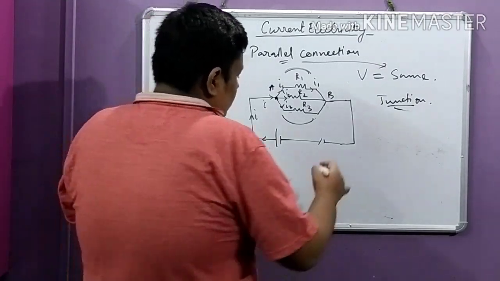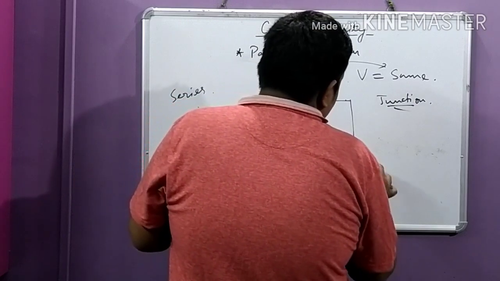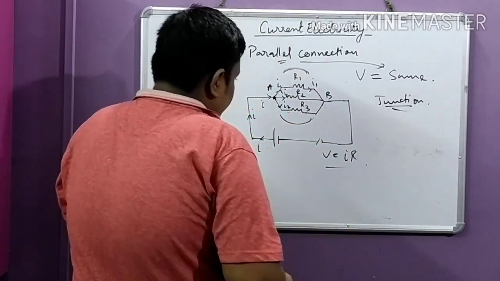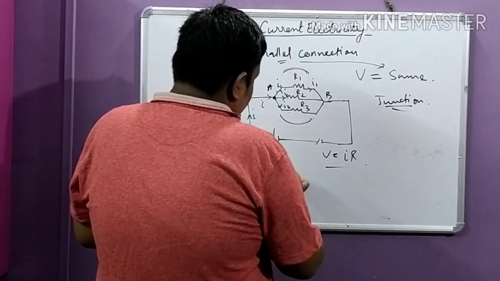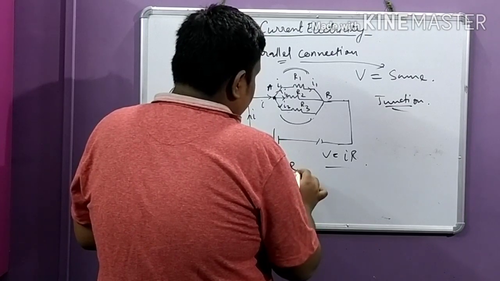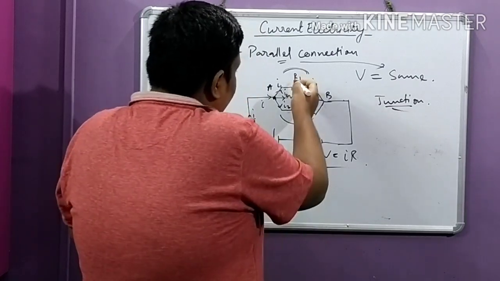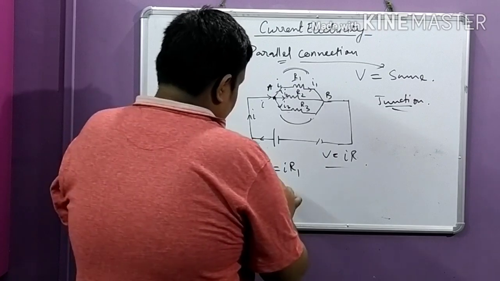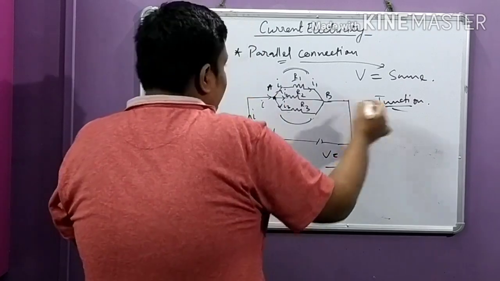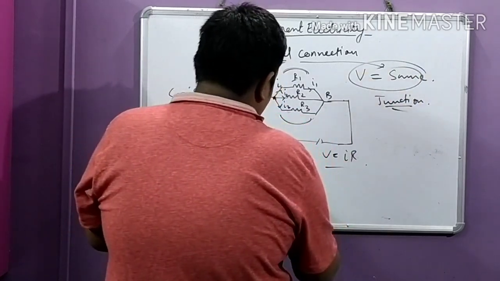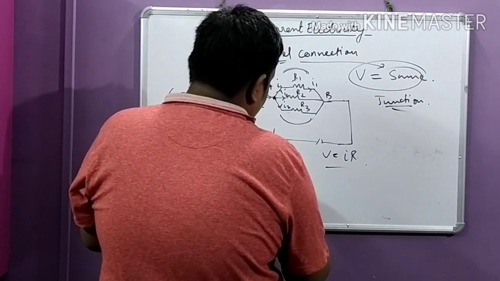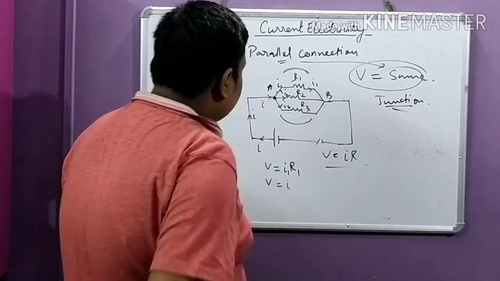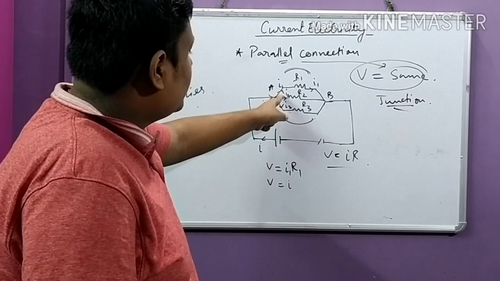So using Ohm's law, V equal to IR, what can we write? V equal to I1 R1 for the first resistor. For the second resistor also the potential is the same, so it will again be V equal to I2 R2, because the current will be different: I1, I2 and I3.